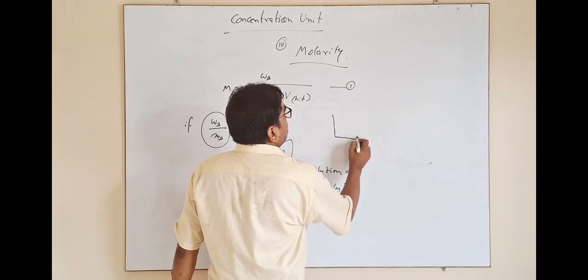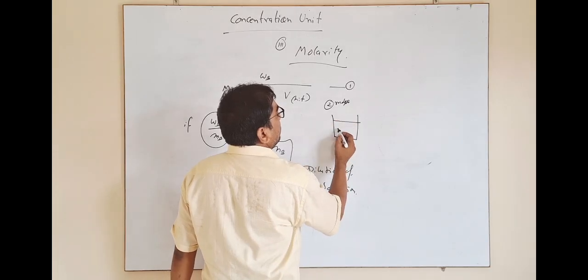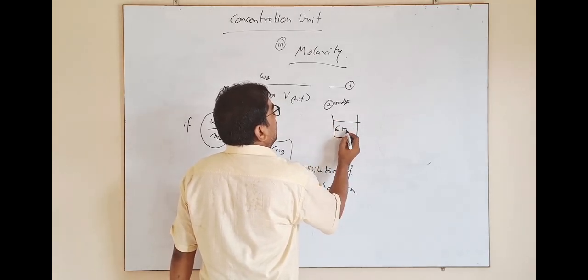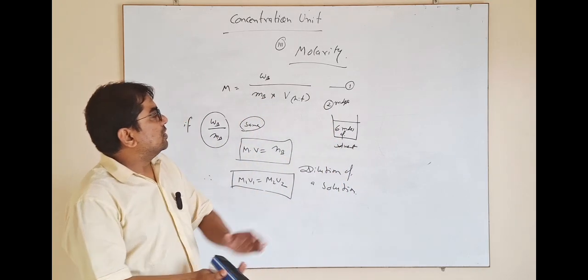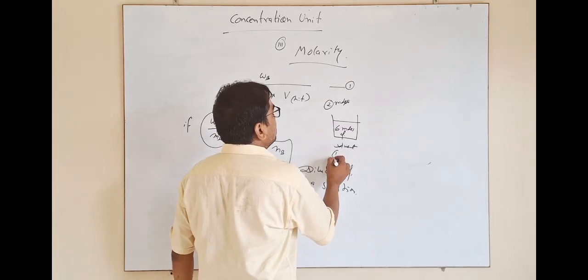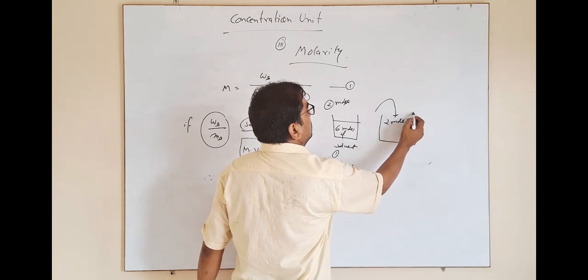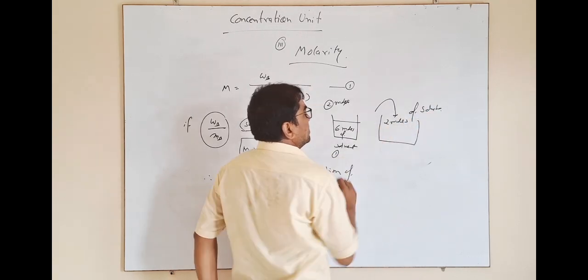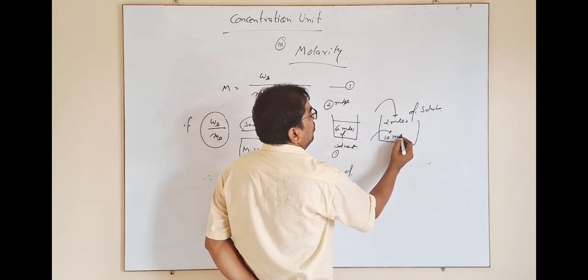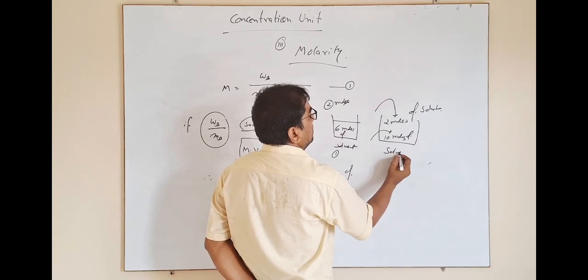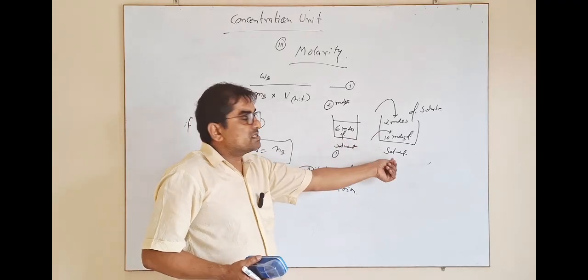Suppose in one container 2 moles of solute are present in 6 moles of solvent, and this solution is formed. Now in the next, the 2 moles of solute are as such, but we add solvent and make it 10 moles of solvent. That is, the amount of solvent increases, so it becomes dilute.